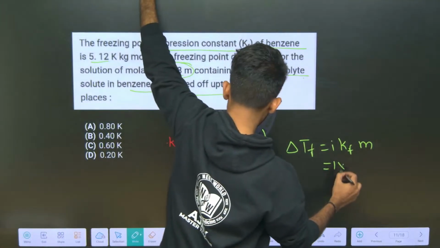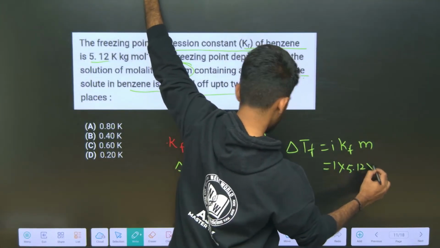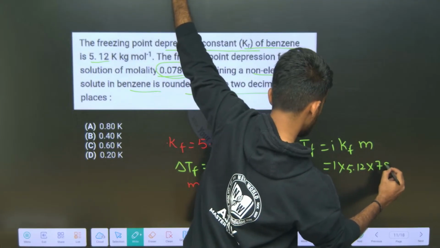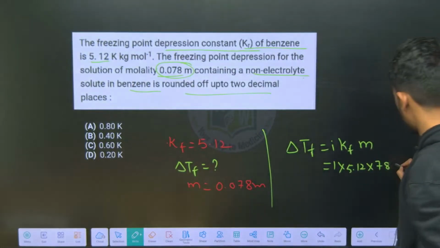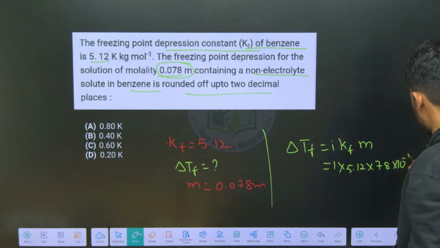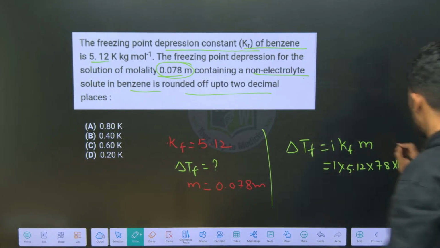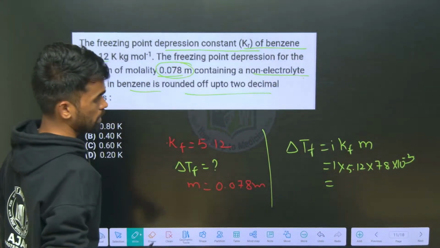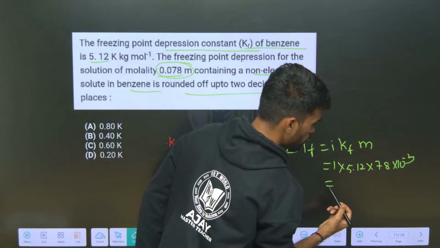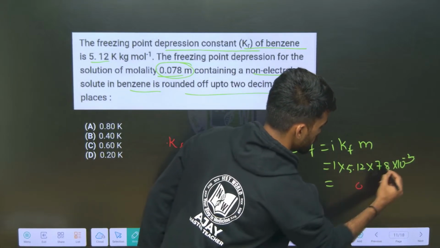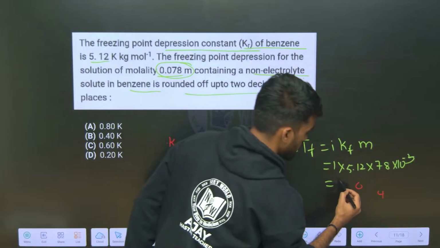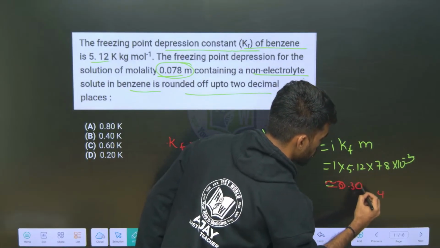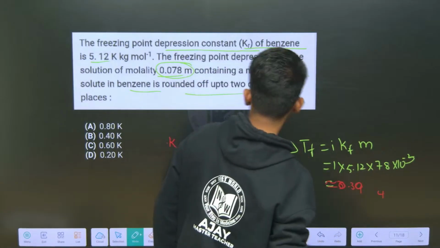Into Kf, which is 5.12, into 78 into 10 power minus 2 minus 3. So you just multiply this, how much will you get? Around 0.4, and this is 35, 39. So you will get around 0.39.